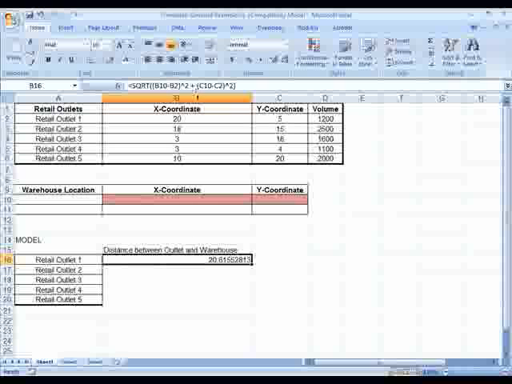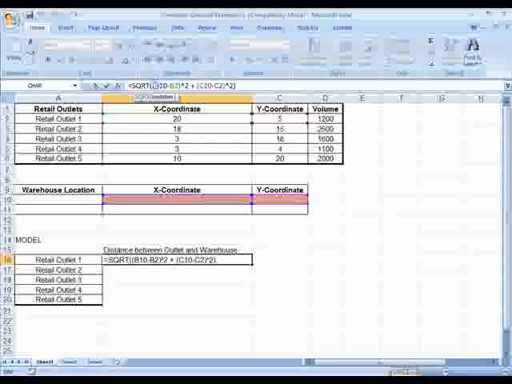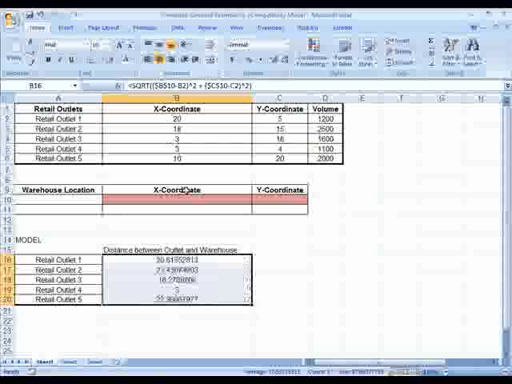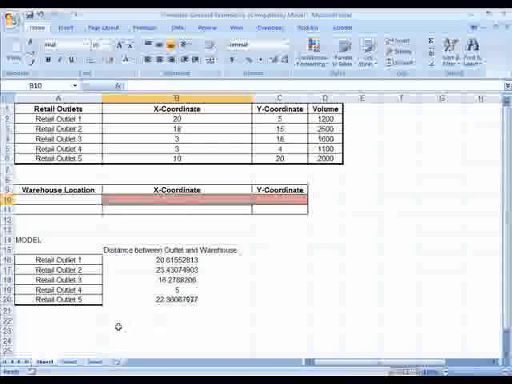What I do need to do is, for the warehouse location itself, make that into an absolute reference so that it does not change. And I can just copy the formula over to the other retail outlets. Okay, so that's your distance between the warehouse location and these retail outlets.